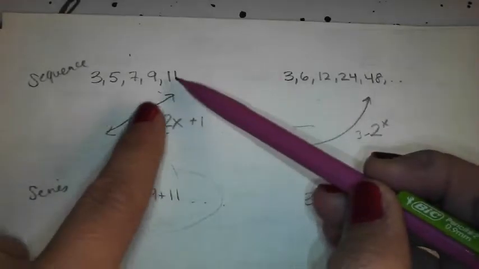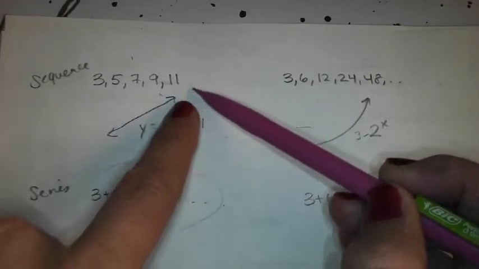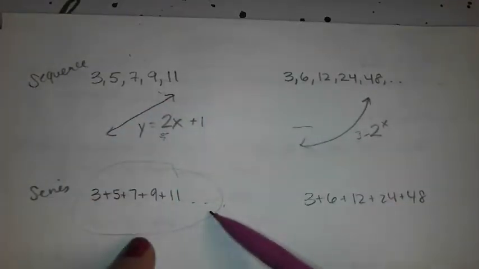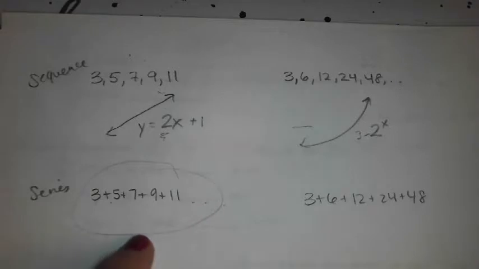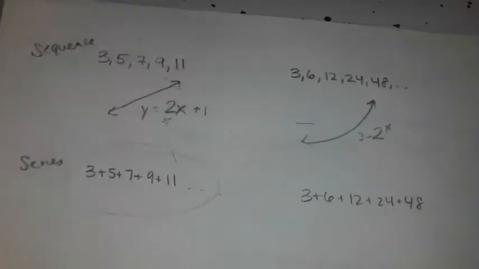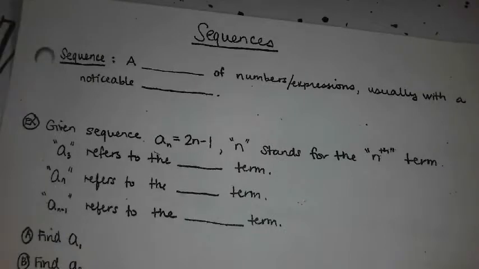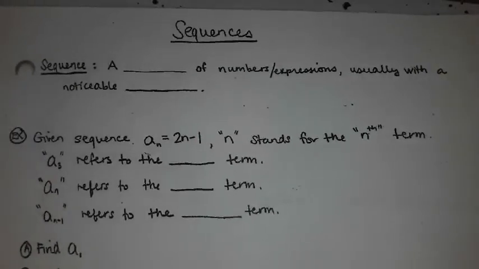If they're asking for the 100th term, that's just going to be what's the 100th item on the list. Versus the series through 100 terms is going to be all of these first 100 terms added together. And we'll see a bunch of word problems and help us, look into that. So that's the scope of the whole chapter. And we're just going to slowly jump into it with notation type stuff.